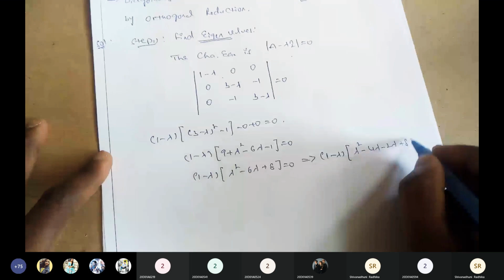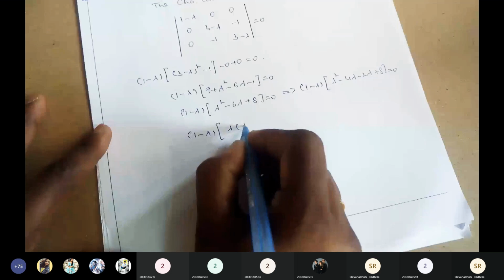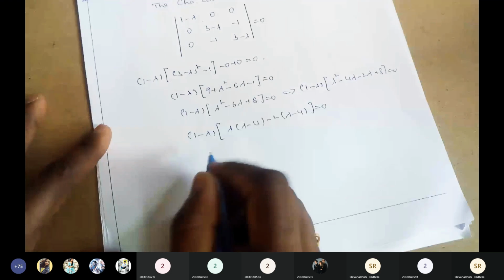Any doubts in this? Clear? Now again, 1 minus lambda into lambda taken common, lambda minus 4, again 2 common, then lambda minus 4, equals 0. So 1 minus lambda into (lambda minus 2) into (lambda minus 4).